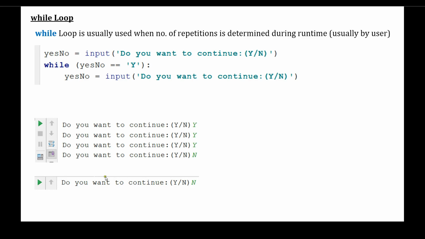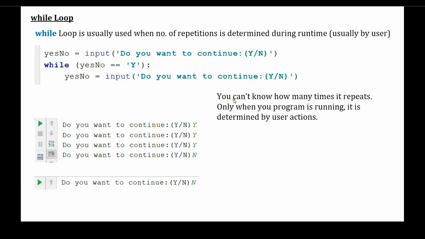In another example, if the user enters no for the very first time and you check, is this equal to yes? It is not equal to yes. So the loop exits, not even running through the body once. You cannot know how many times it repeats. You will only know when the program is running, and it is determined by the user's actions.